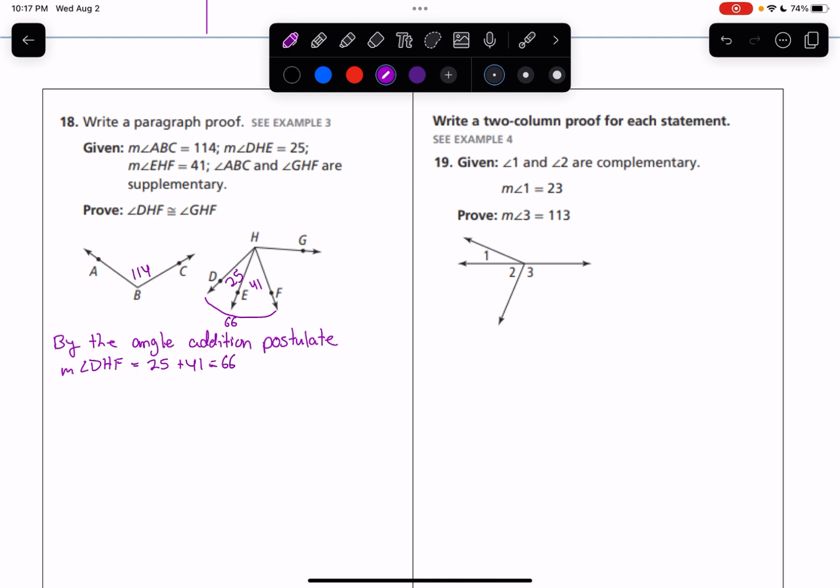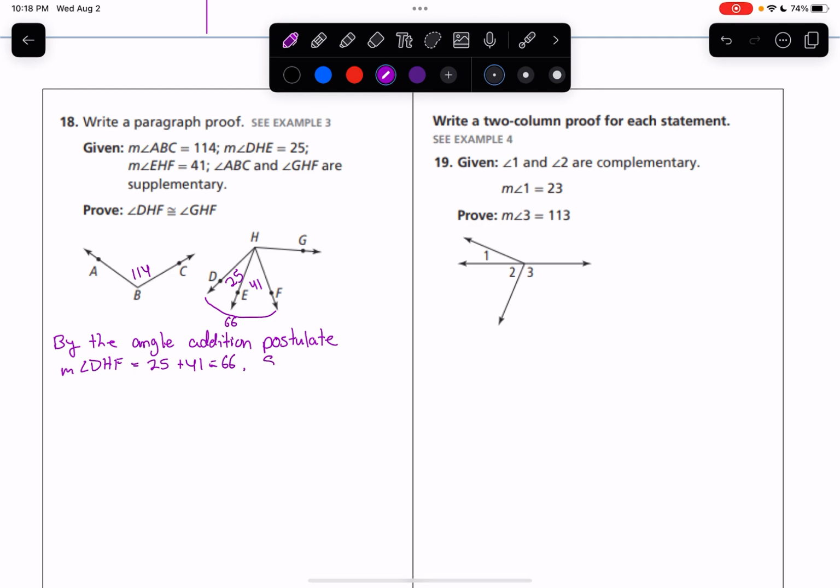And I also know that ABC and GHF are supplementary, okay? I also know that 114 plus 66 is 180.